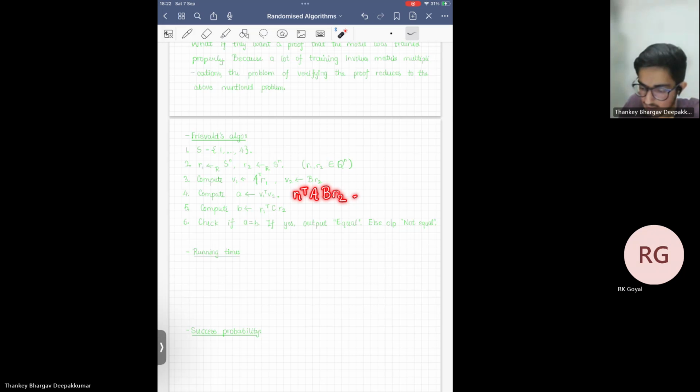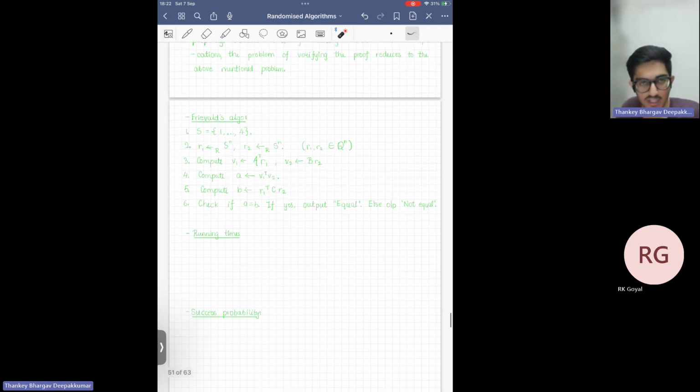And we are also computing R1 transpose C R2. So if C and AB were the same, these would be the same, right? But what we are supposed to show is that if C and AB are different, these two would be different.